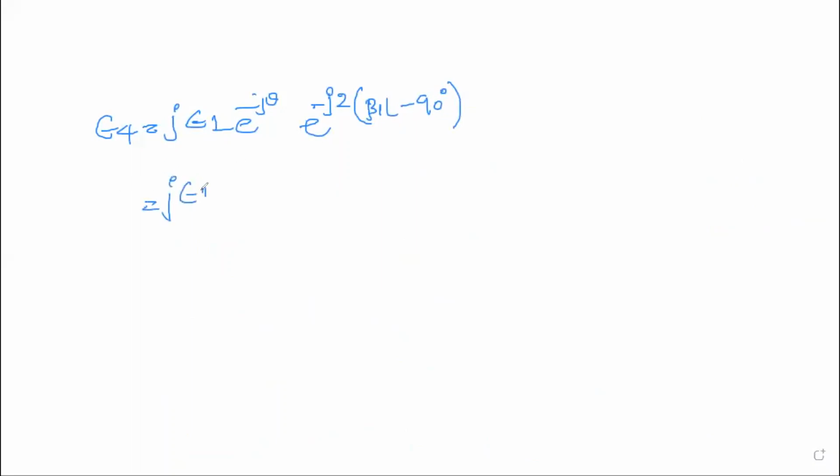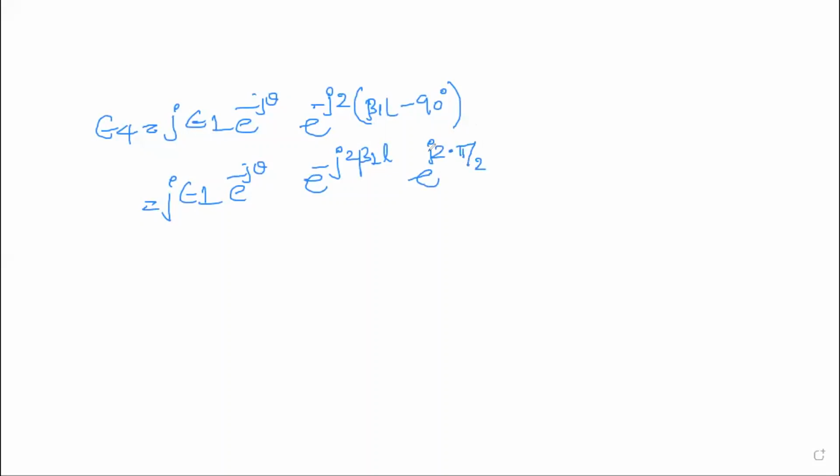You have j E1 e to the power minus j theta e to the power minus j2 beta 1L, minus into minus will be plus. So you will have j2, instead of 90, I'll write it as pi by 2.